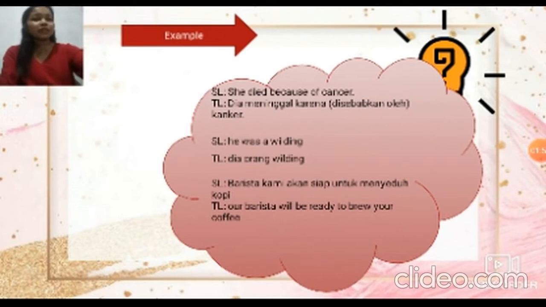For target language, dia orang welding. Jadi di sini ini diterjemahkan dengan menggunakan istilah yang sama dengan bahasa sumber demi menjaga kesepadanan tersebut. So, welding in source language has the exact meaning with welding in target language.